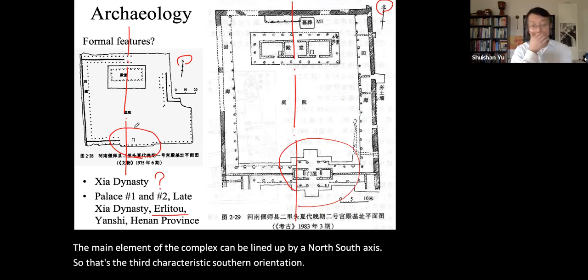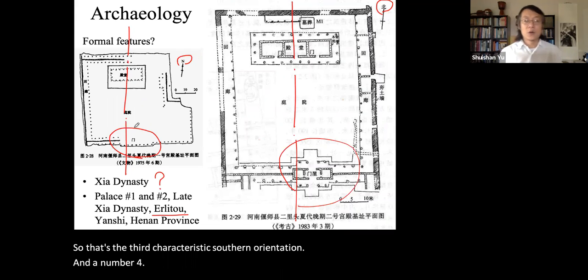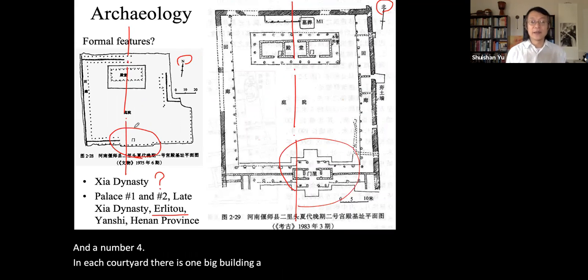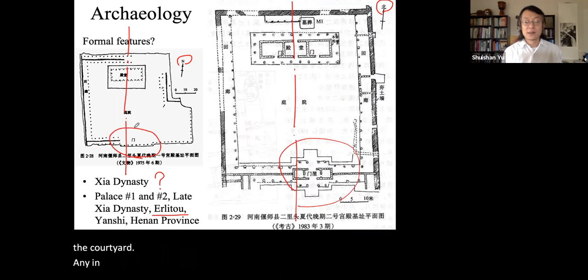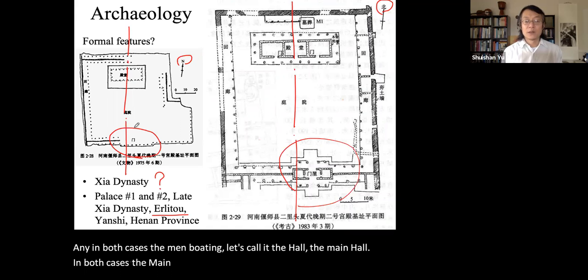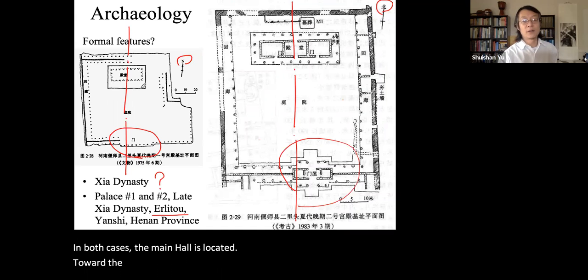And number 4, in each courtyard, there is one big building, a major building located inside the courtyard. And in both cases, the main building, let's call it the main hall, is located toward the northern part of the courtyard, so that its main facade is the southern facade, all right?